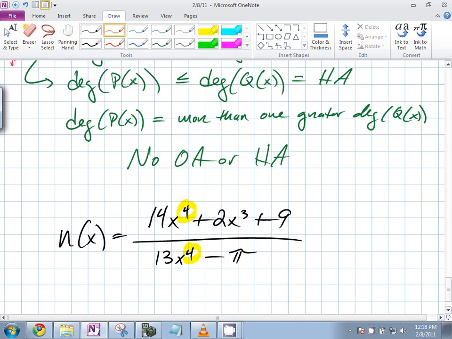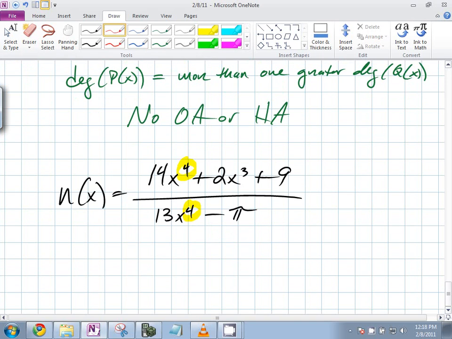So now let's talk about this, and you'll like this because it's really easy. What happens as x gets really big? What's the only term that really matters in the numerator as x gets huge? Which term is going to get way bigger, way faster? To the fourth, yeah. On the bottom, which one's going to get way bigger?